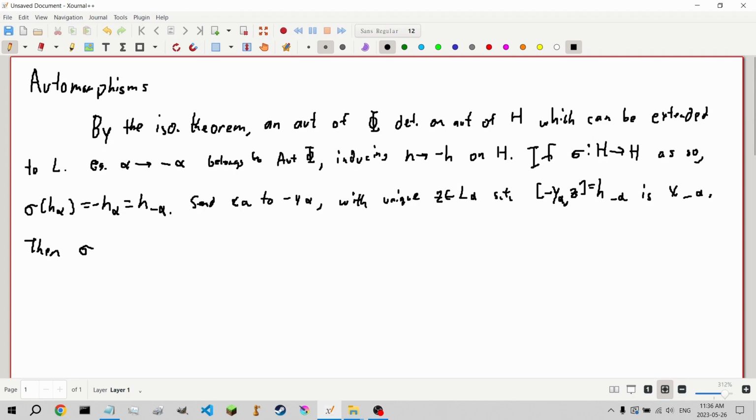Then sigma extends to an automorphism of L, sending x alpha to negative y alpha.